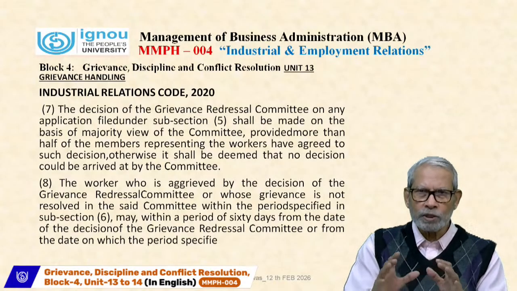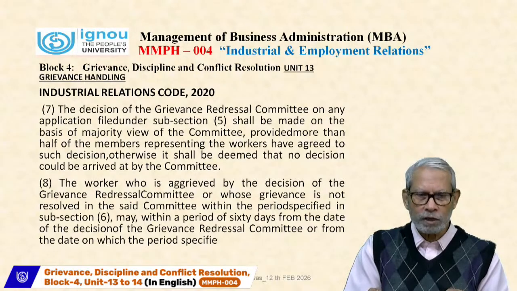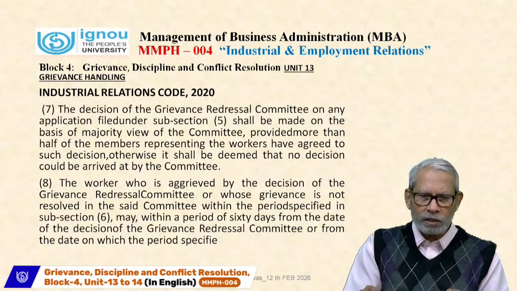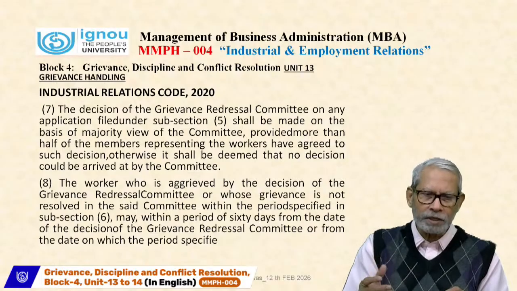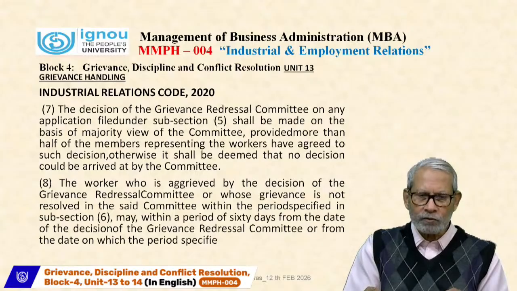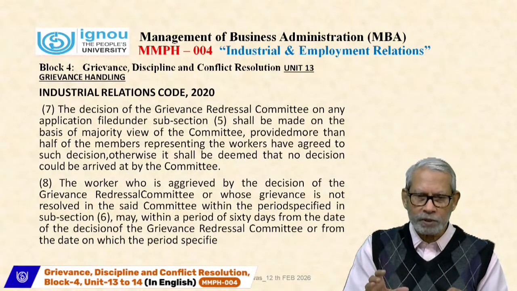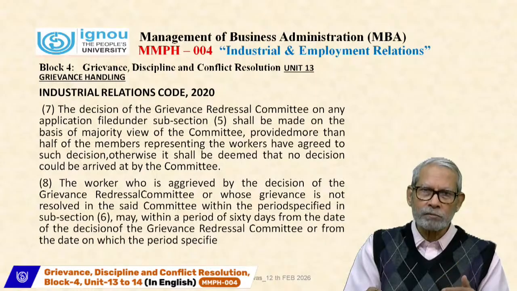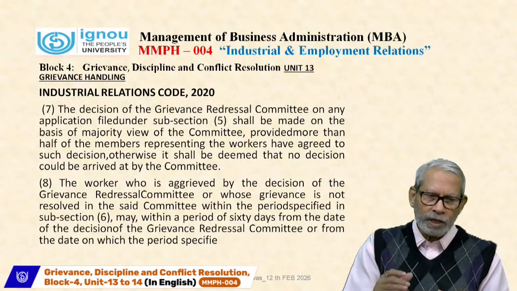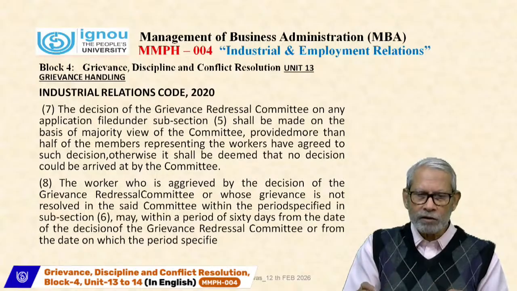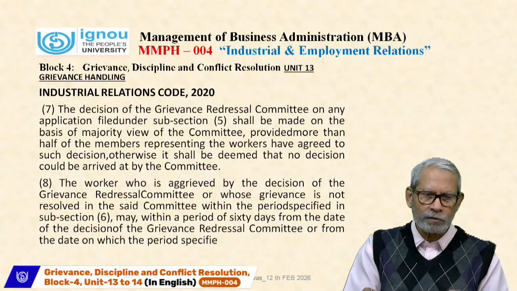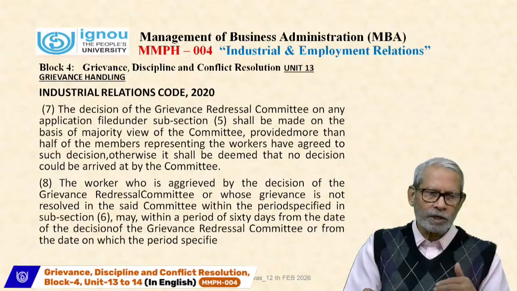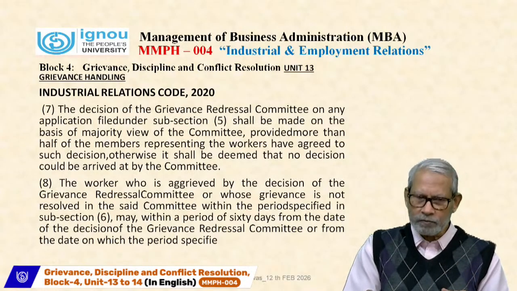So there are so many rules and regulations. The worker who is aggrieved by the decision of the grievance redressal committee, or whose grievance is not resolved by the committee within the specified period, may, as per Section 6, sub-section 6, within a period of 60 days from the date of the decision of the grievance redressal committee, or from the date on which the specified period ends.